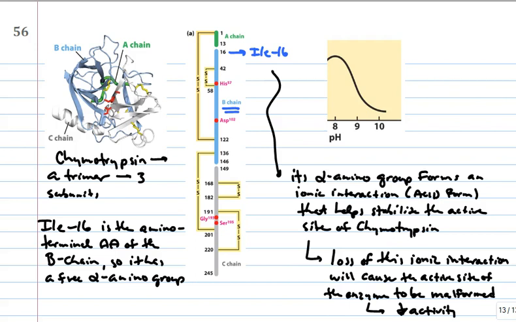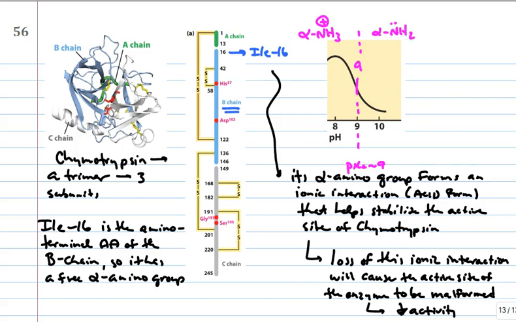Does this part of the pH profile make sense now? Yes, its alpha amino group should have a pKa ballpark 9. That's what we have here. So below pH of 9, you're going to get the alpha NH3 plus form for isoleucine 16, and above 9 you're going to get alpha NH2.